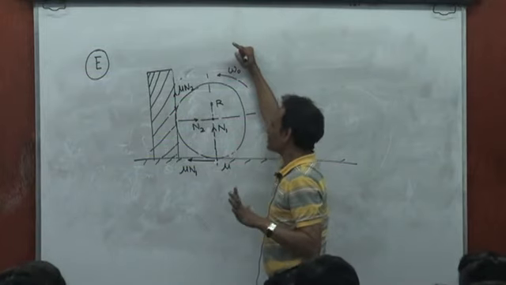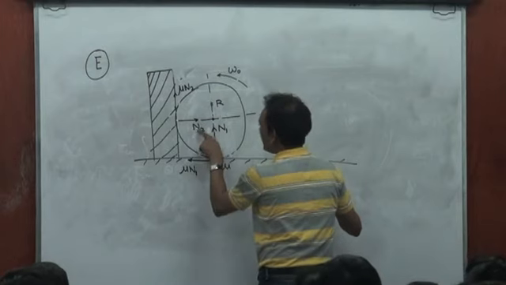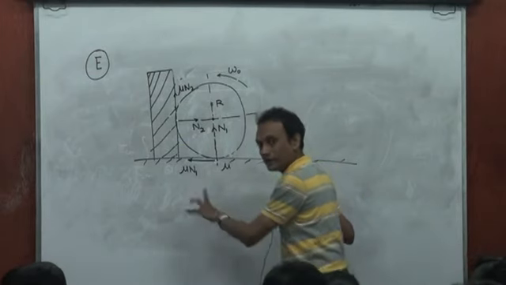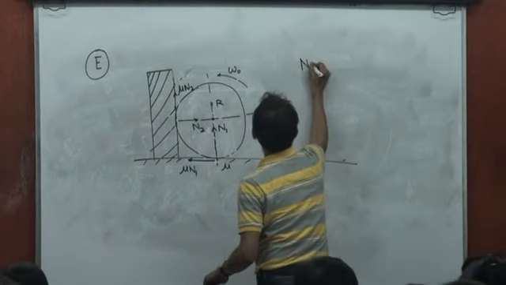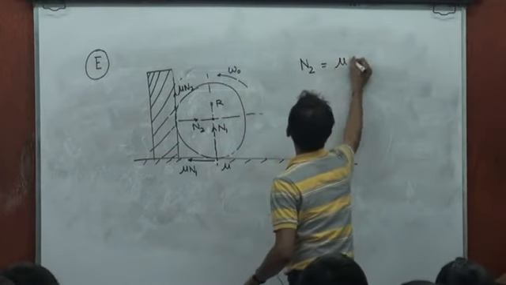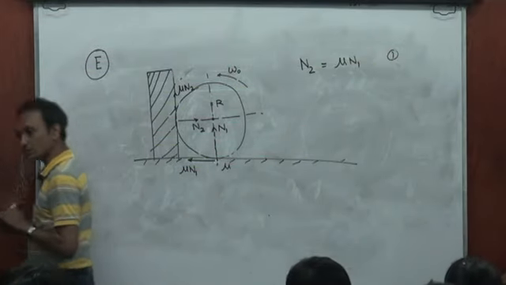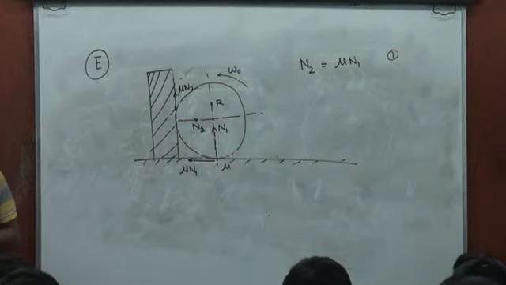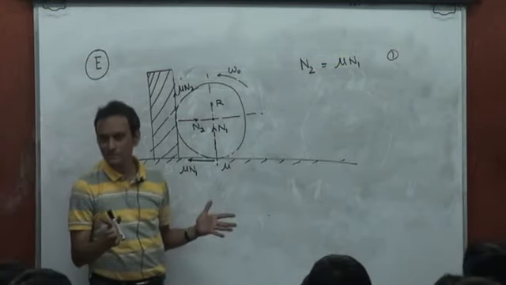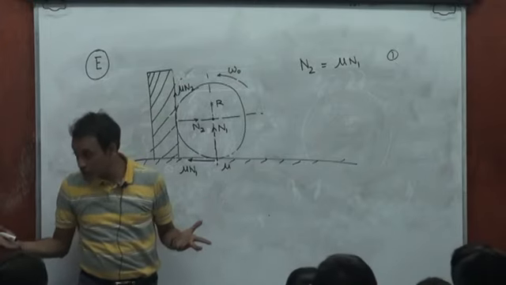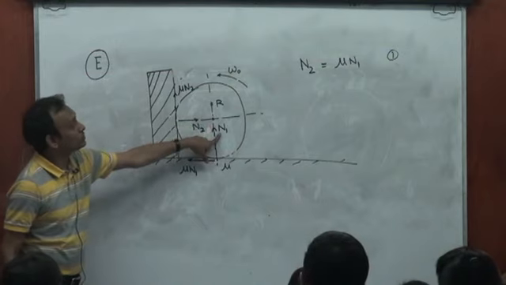In the horizontal direction, the forces are N2 and mu N1, so N2 must be mu N1 in view of translation in the horizontal direction. In the vertical direction, again, the net of all forces must be 0, with no acceleration.